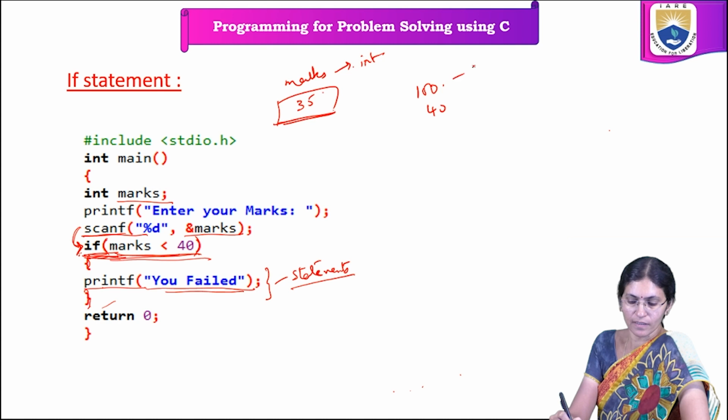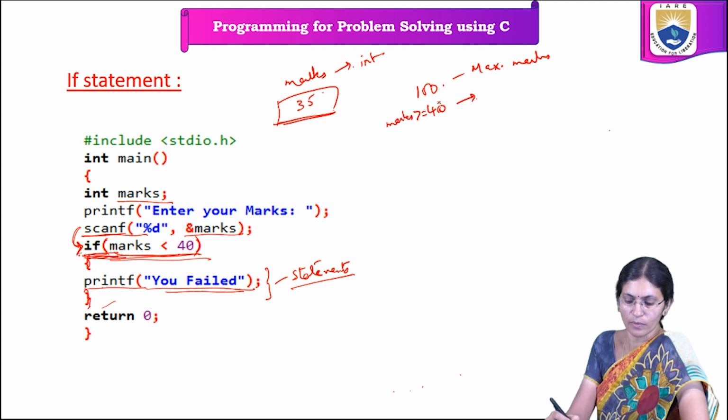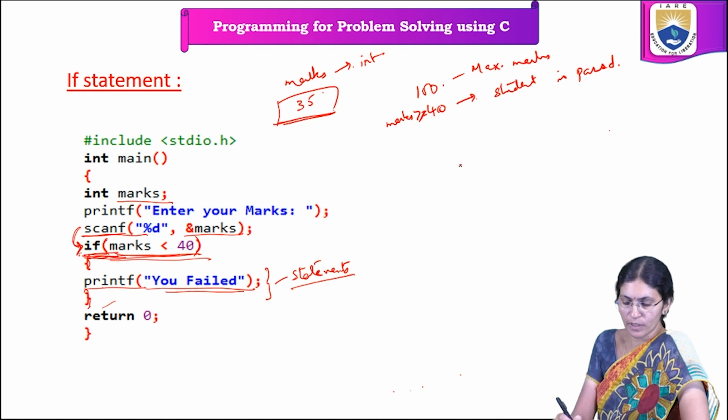We know that if these are the maximum marks and the pass percentage, if the marks are greater than or equal to 40, then the student is passed. So we'll write a program for this.